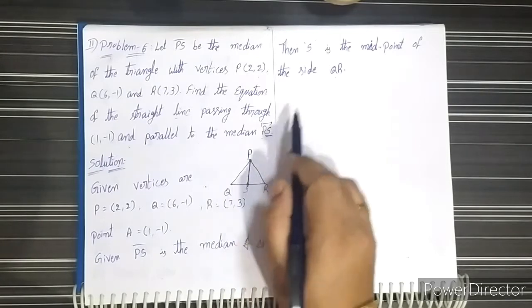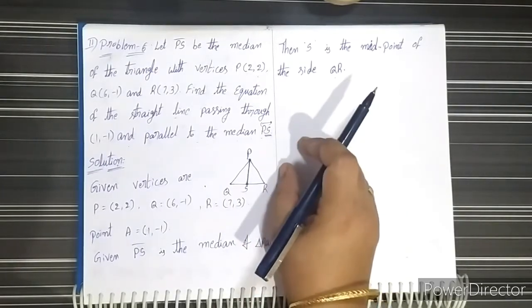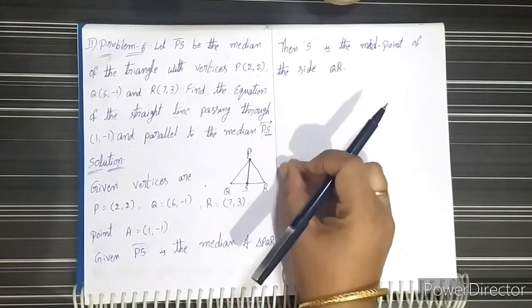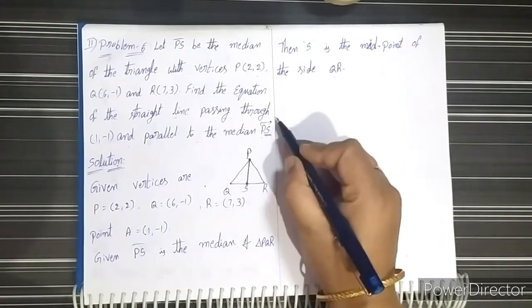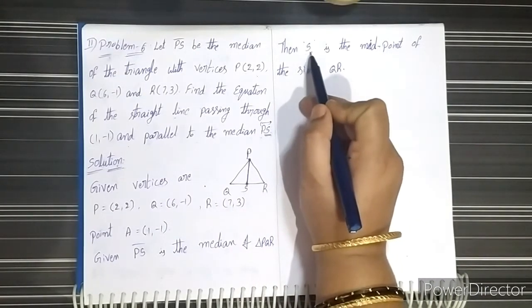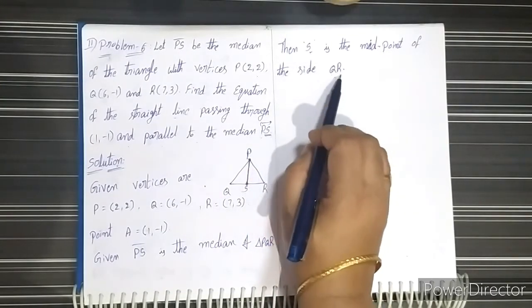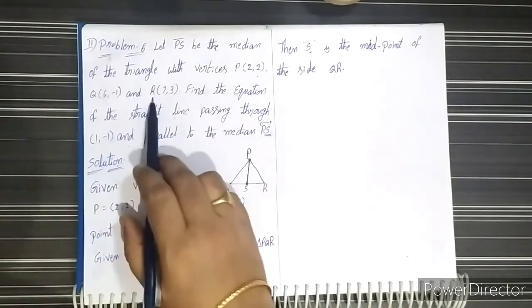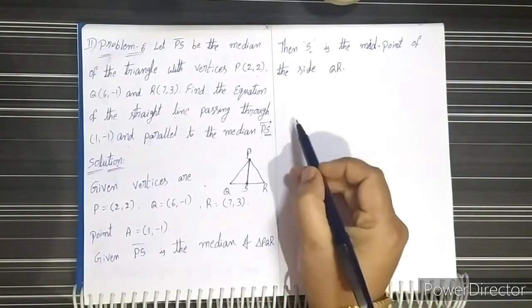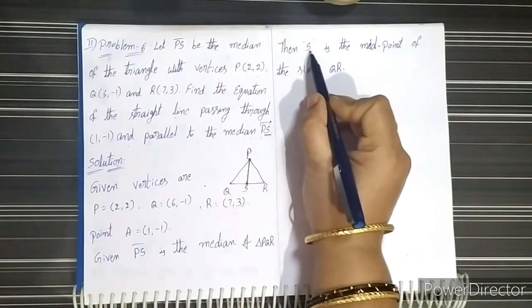We know that if any two lines are parallel to each other, then their slopes are equal. From this we have to find the point S by using the midpoint formula, because S is the midpoint of QR, and the points Q and R we know.